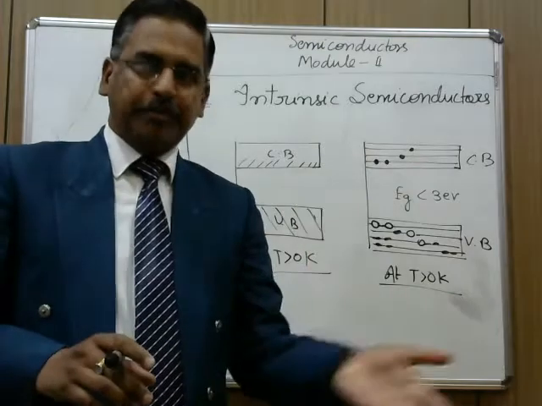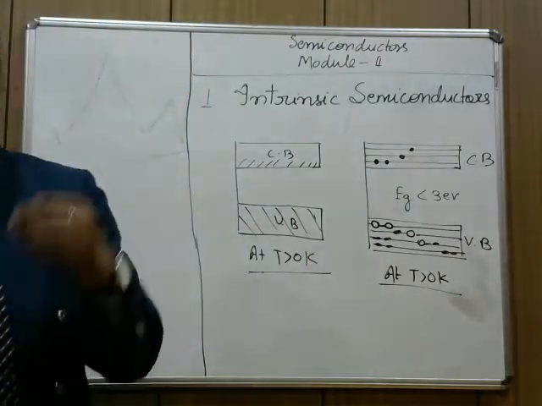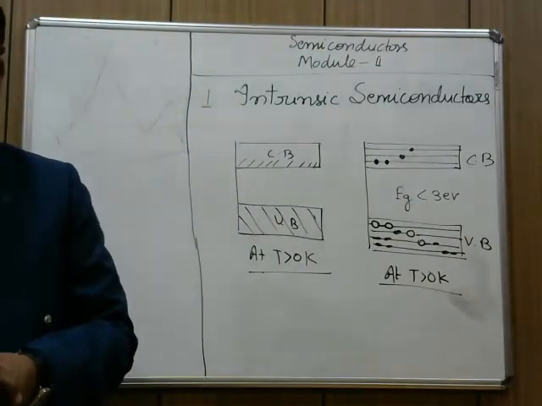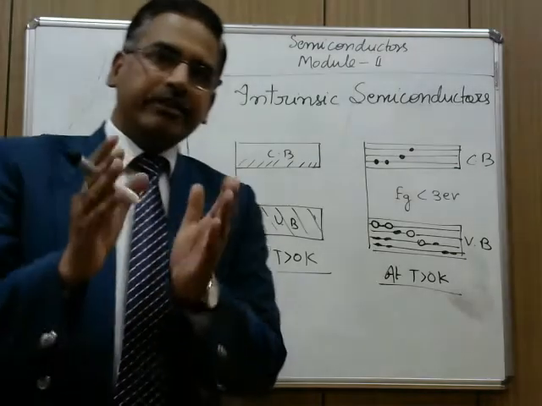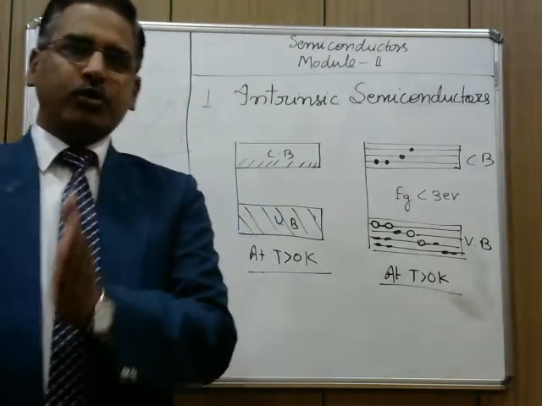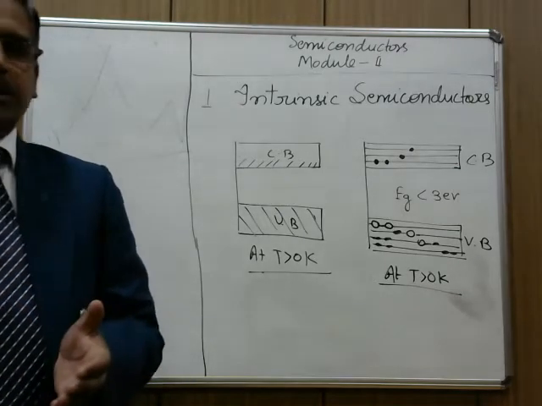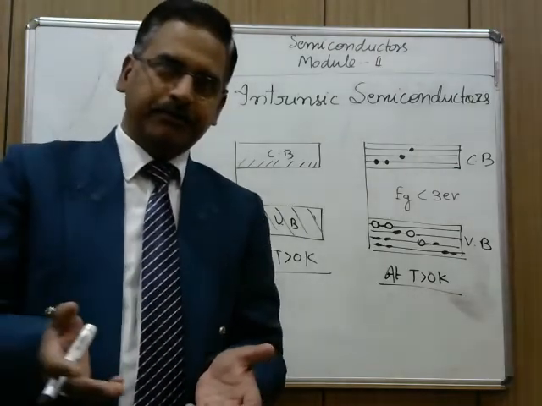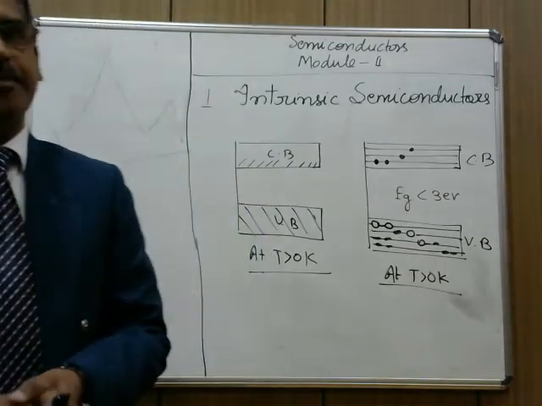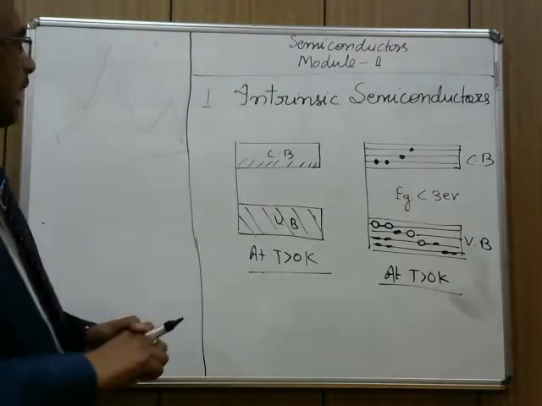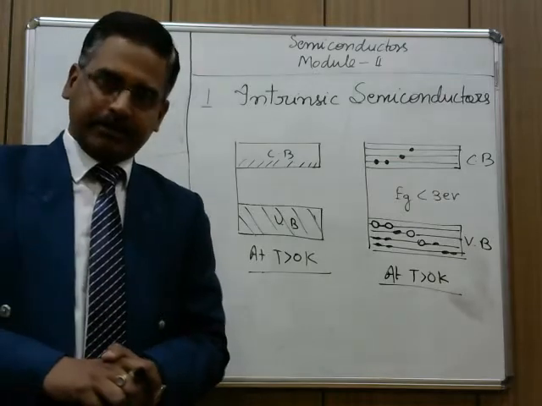At temperature greater than 0 Kelvin they have a small conductivity, and the concentration of electrons is equal to the concentration of holes, which is equal to the concentration of charge carriers in an intrinsic semiconductor. So this is all about intrinsic semiconductors.